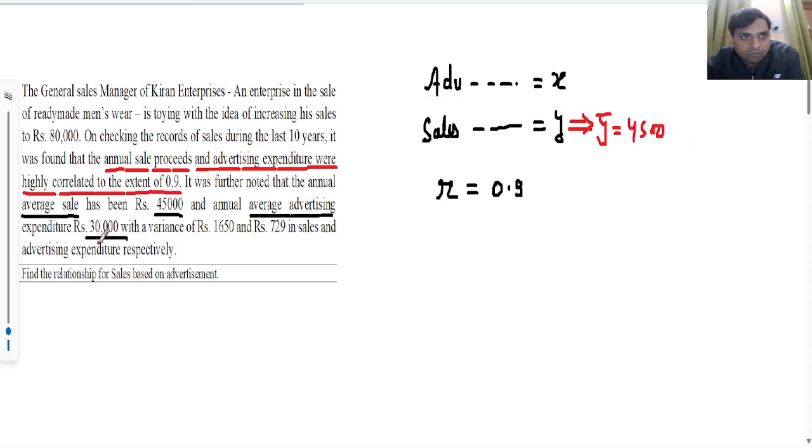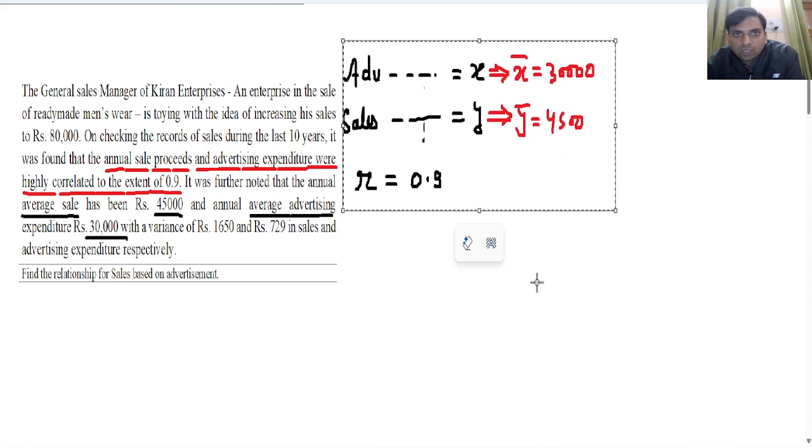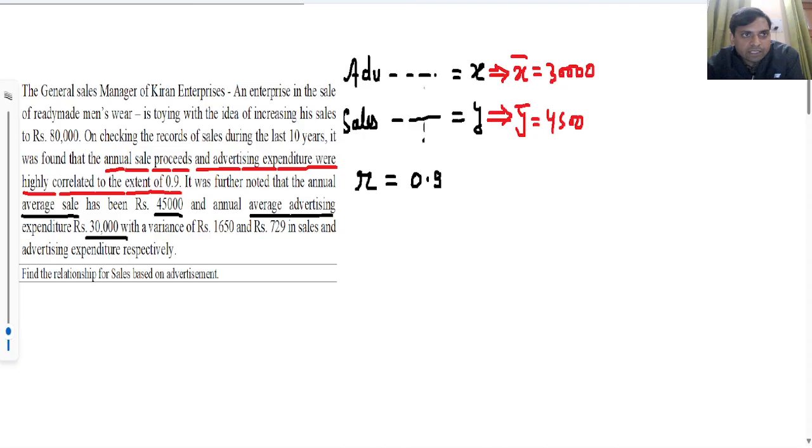And for advertisement expenditure, this is denoted by x bar, and this equals 30,000.